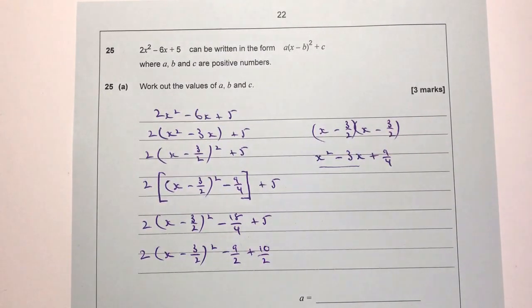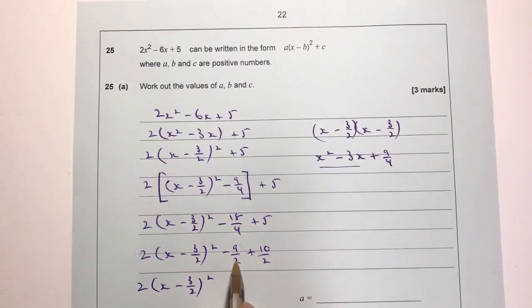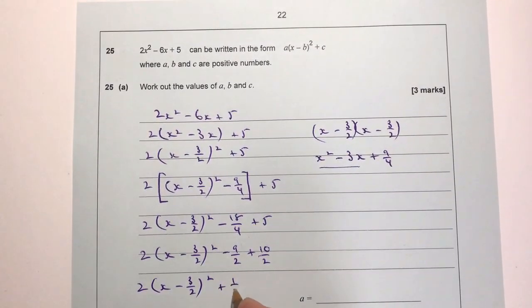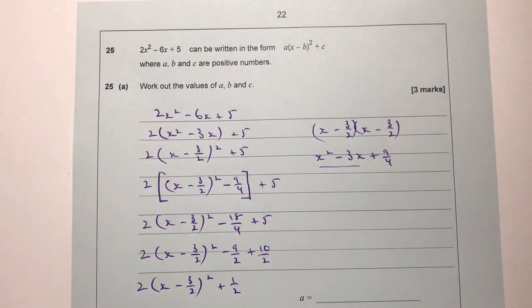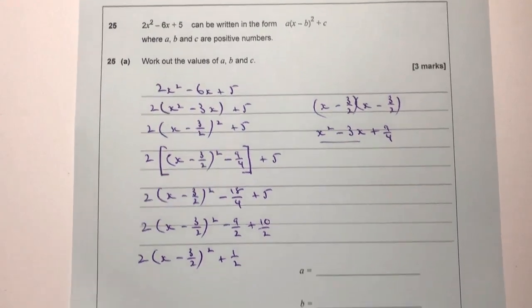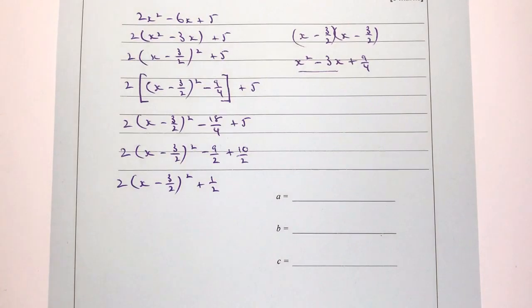If I do that, then it means I get 2 times x minus 3 over 2 squared, and minus 9 over 2 plus 10 over 2 is plus 1/2. Okay, and that's actually the answer to this extremely complicated question, but hopefully it will give you some idea of how you can work with completing the square.